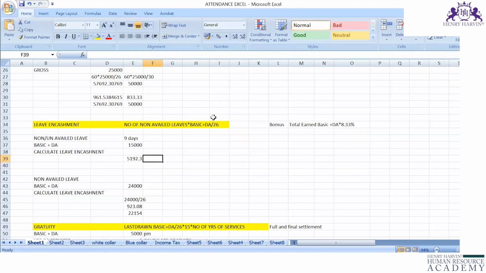So why are we dividing this basic plus DA by 26? Then only you will get 1 day basic plus DA. That is 15,000 divided by 26. You will get 1 day basic plus DA.